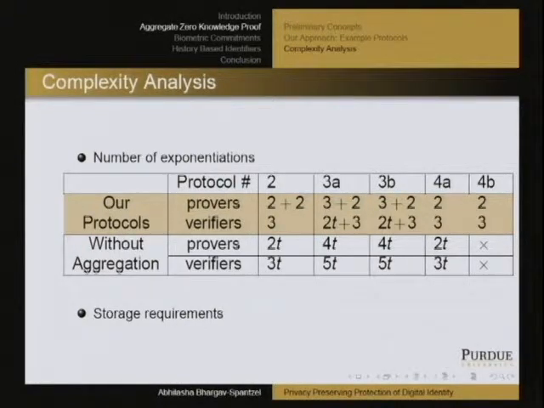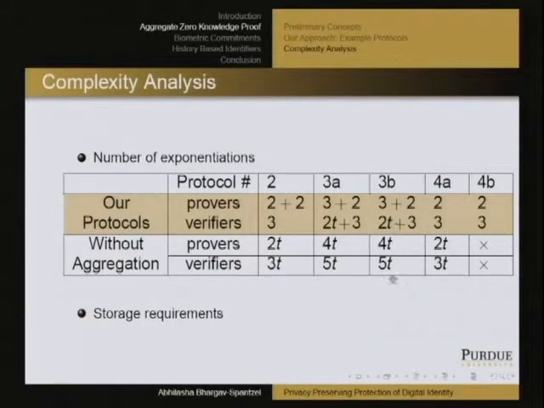Compared to other techniques which do not use aggregation, the T here corresponds to the number of identifiers being proven, so these are the factors in the multifactor. We do not depend on that amount, T, and the provers can efficiently create these proofs, and verification can also happen quite efficiently in most cases.